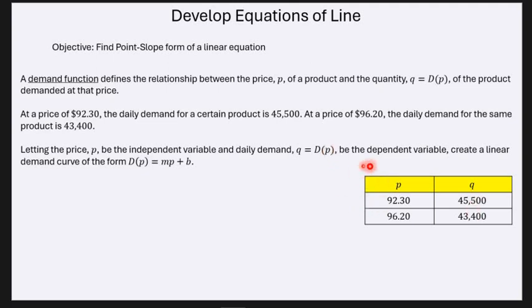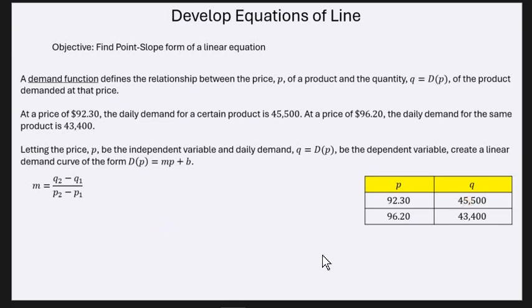We need to find the slope if we're going to come up with an equation. The slope formula changes now because instead of X's and Y's, we have P's and Q's. So now we have this as the slope formula. We're using these as the Y values, so it's going to be Q2 minus Q1 over P2 minus P1.